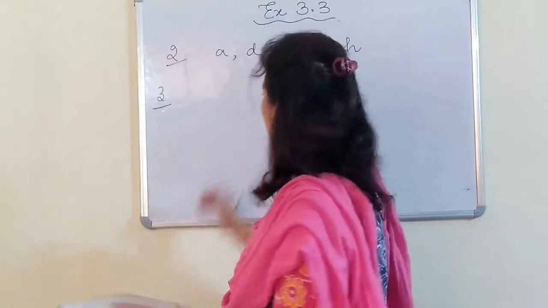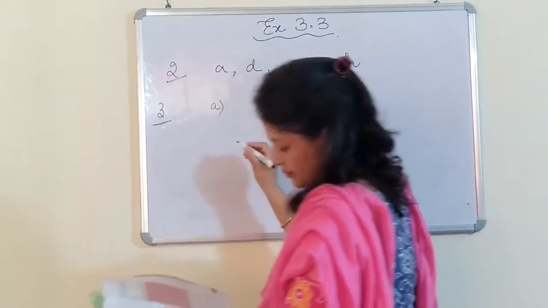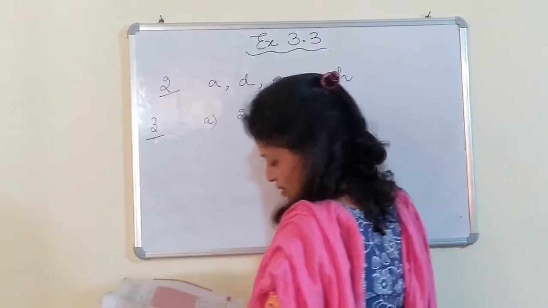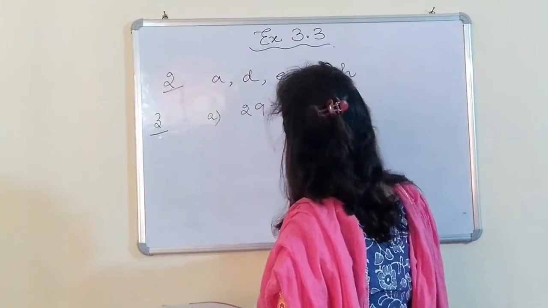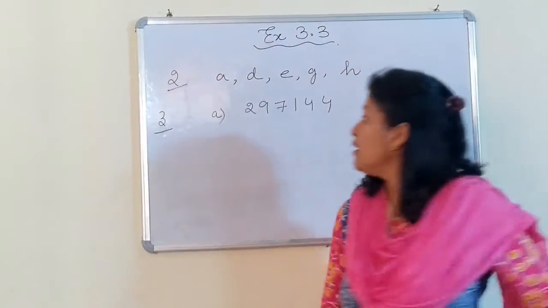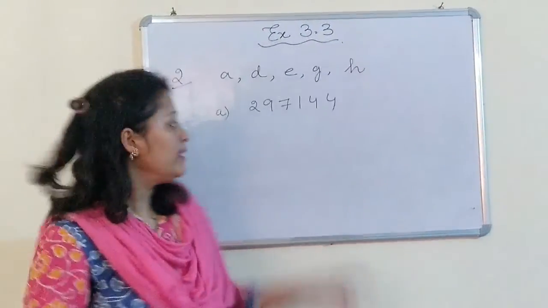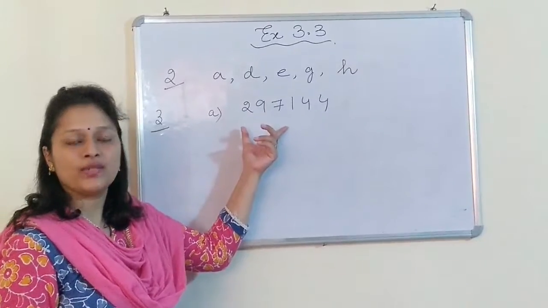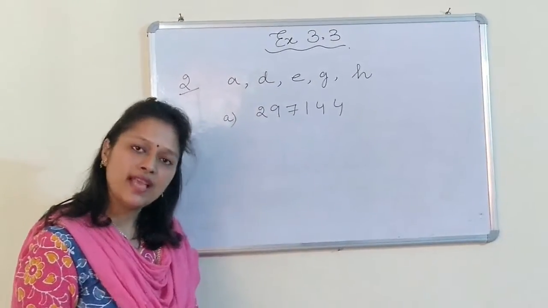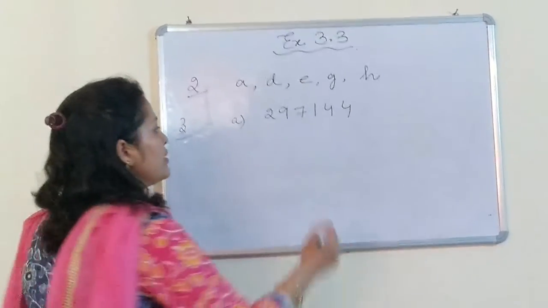So I am taking the first number, 297144. This is part A of question 3. Now you have to check whether the number is divisible by 6 or not.